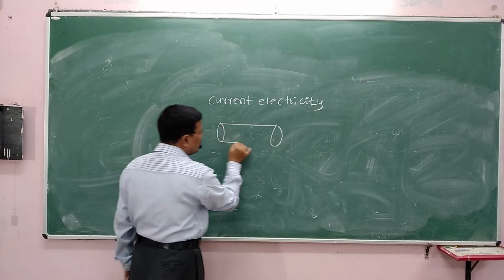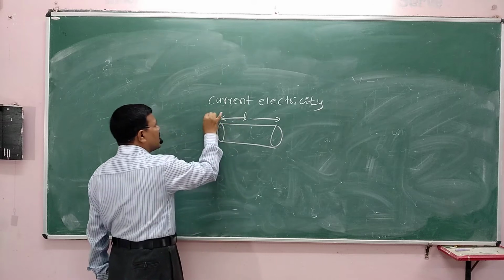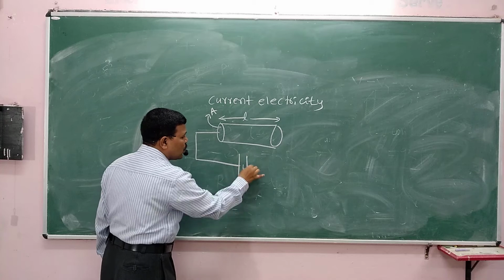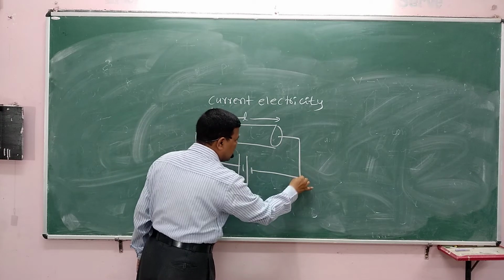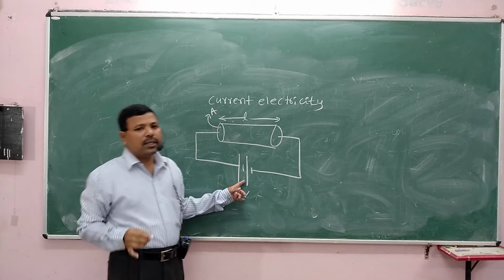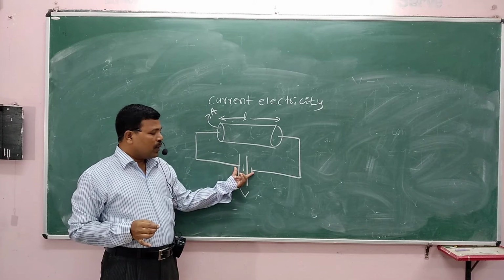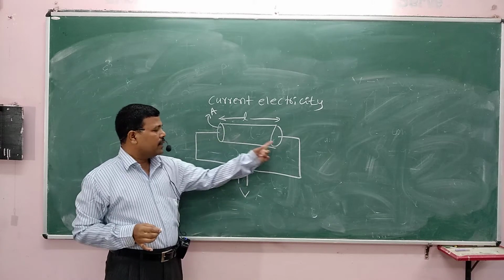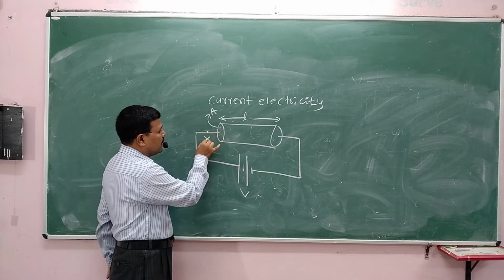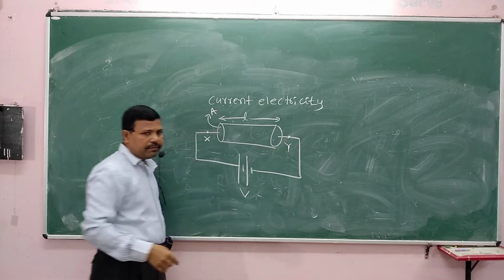Here is a conductor whose length is L, whose cross-sectional area is A, which is connected to a source of electricity, a battery, and it provides the necessary potential difference, say to the conductor having the two ends X and Y.